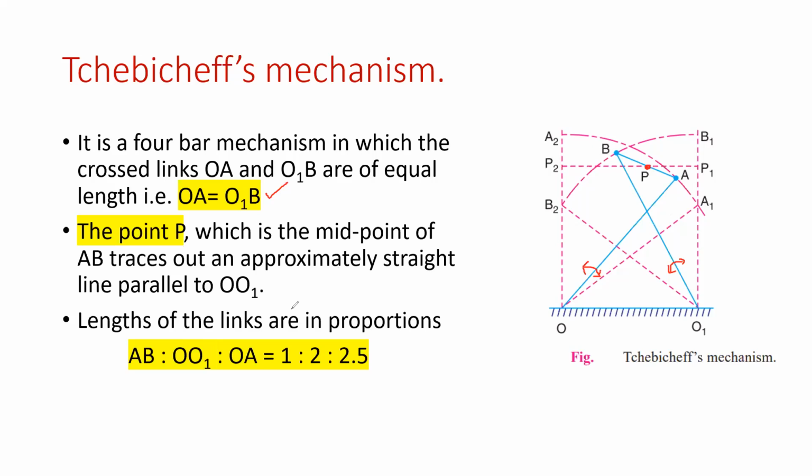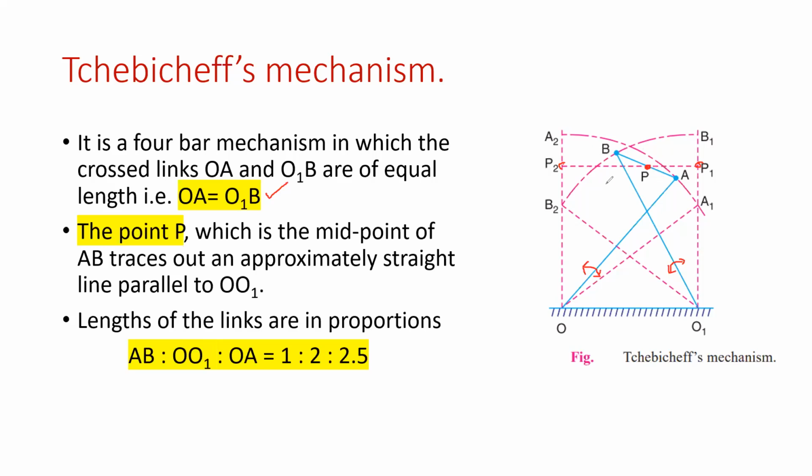Okay, so there is one derivation for this, for what proportions the lengths of these links should be, so that the point P will be exactly above the point O at the left extreme position, and exactly above the point O1 at the right extreme position.